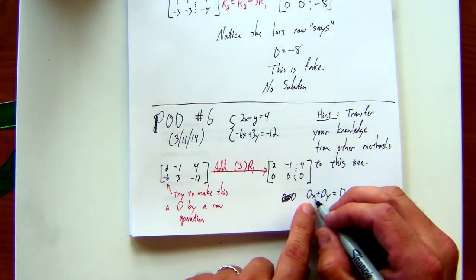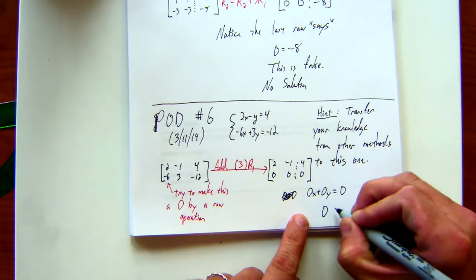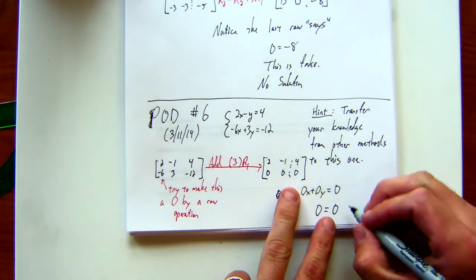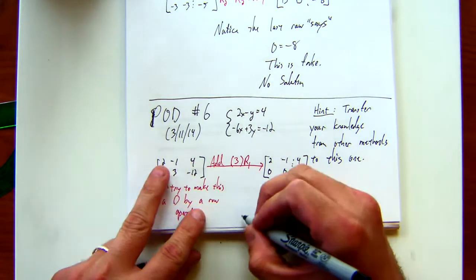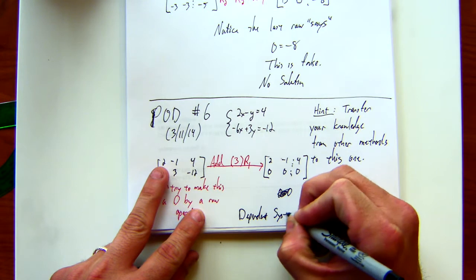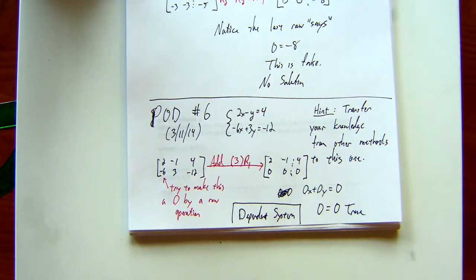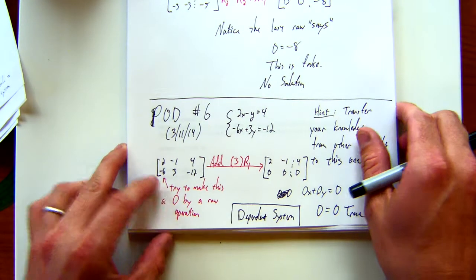Well, if you have 0 apples and you have 0 oranges, how many pieces of fruit do you have? So 0 is equal to 0. And is this true? What does that mean? Dependent system. Any questions?